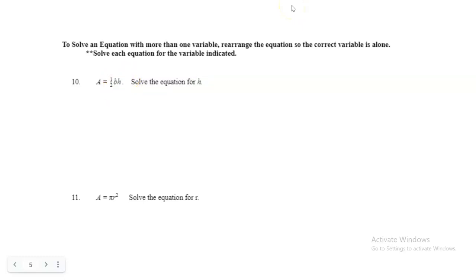Okay? So to get that h all by itself, I want to first probably get rid of this 1/2. To get rid of that 1/2, I want to do kind of what I was doing before. I'm going to multiply both sides by 2.